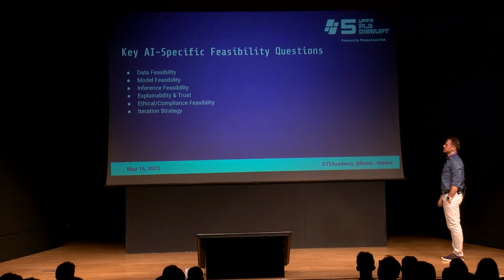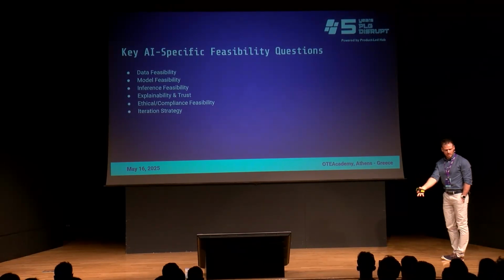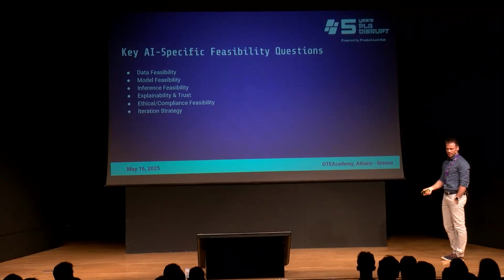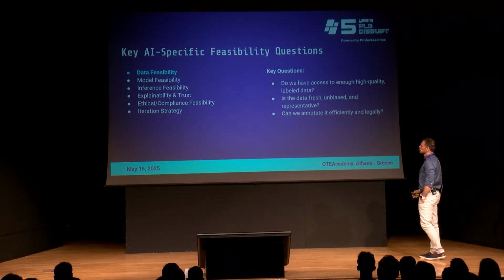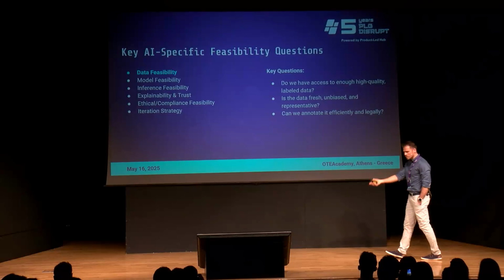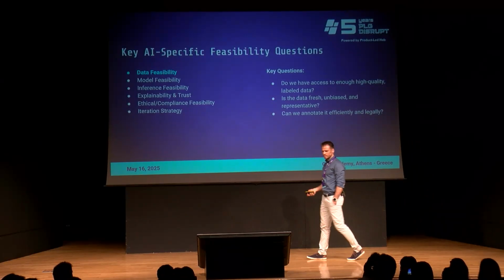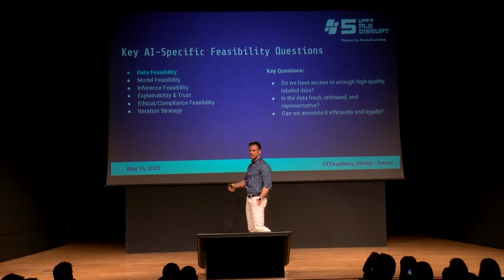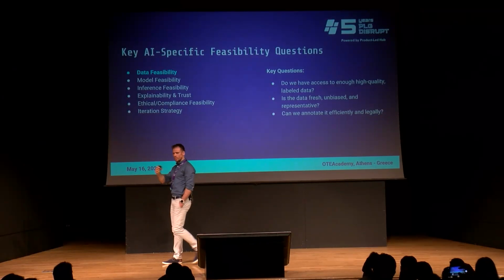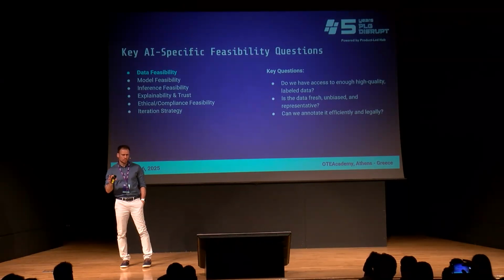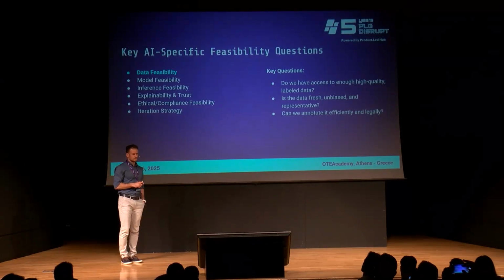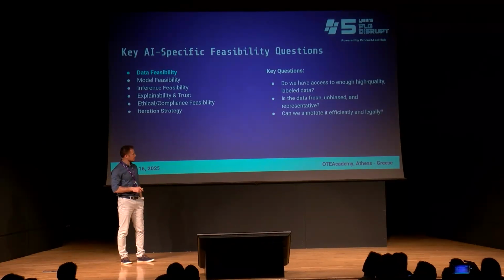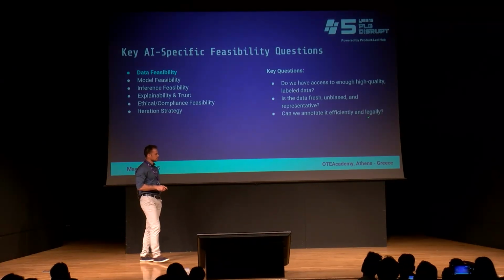And these are the key AI-specific feasibility questions that we need to ask ourselves and or the team. Do we have the data? Do we have access to the data? Can we use them? Okay, do we refresh the data daily, hourly, weekly, depending on the model we want to build or the feature that we want to build? Is it legal to actually work on this data?